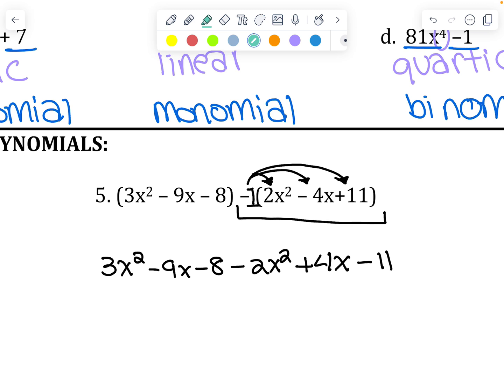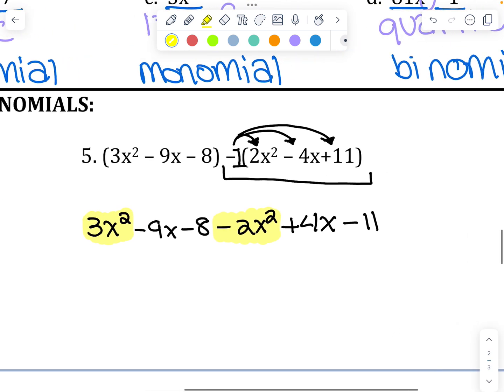And then after that, I just see plus and minus signs, so I combine like terms. I like to highlight my like terms and the sign in front of it. So I have x squareds, my x's, and then my constants that are just the numbers hanging all by themselves.